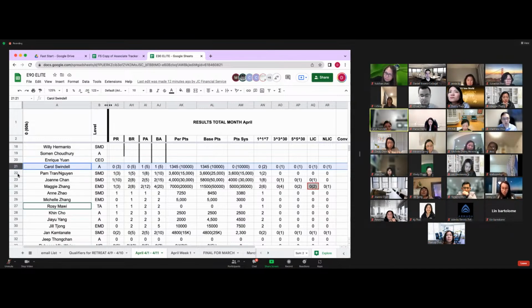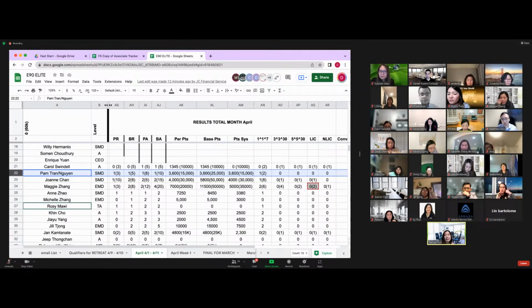So yeah, Pam, you have a 1 week already. You want to do 5? You want to do 3 personal, and you want to do 25 base. Okay, and no license identified. Not yet. For the recruit, I was supposed to do last month, but it came in this month, so that's why I do another 2 personal.